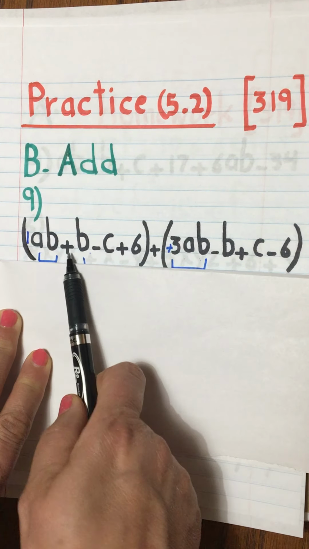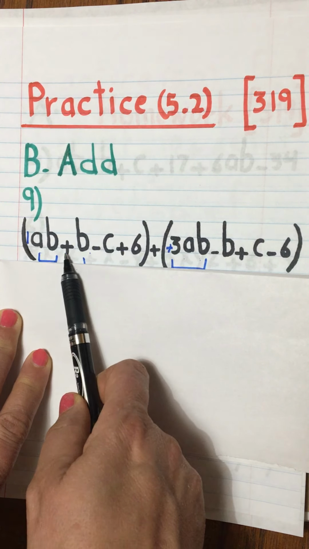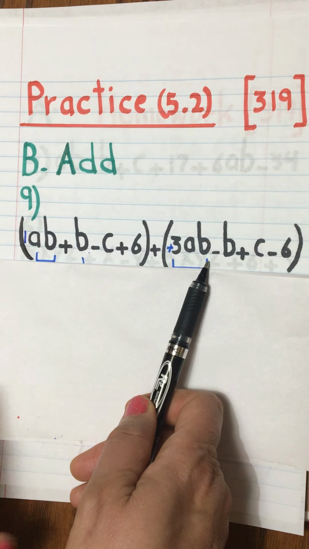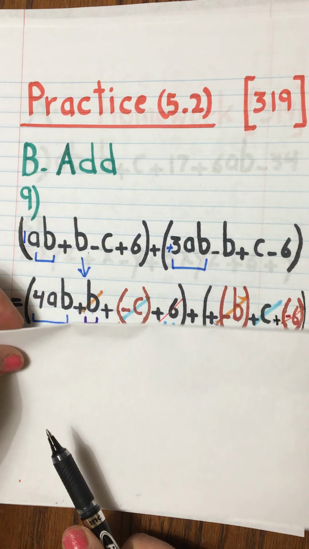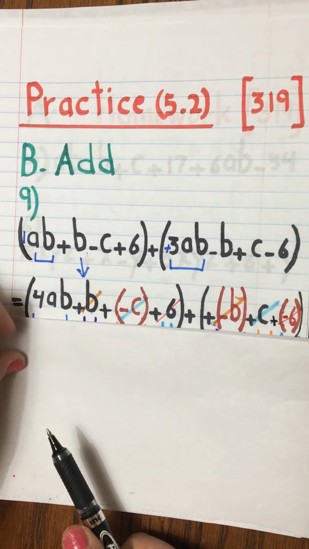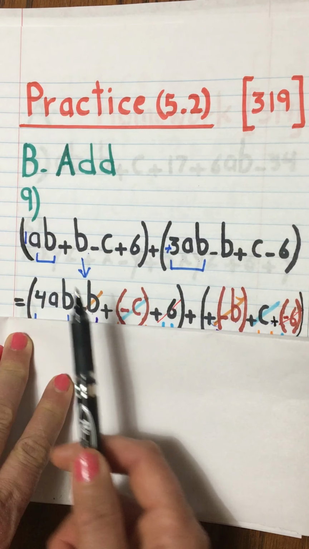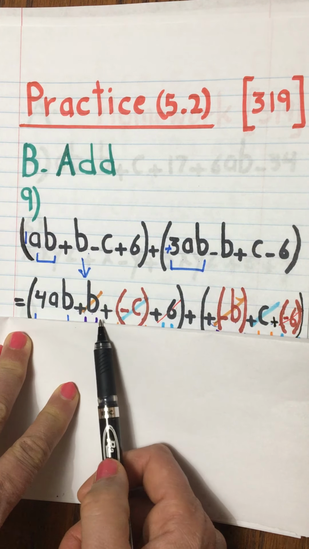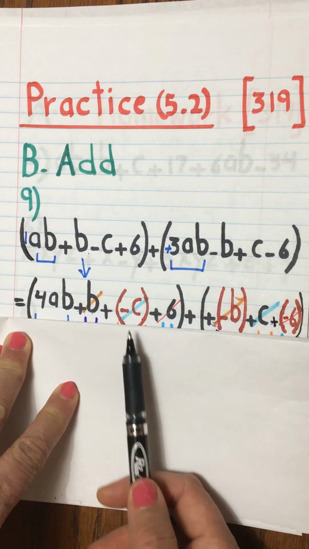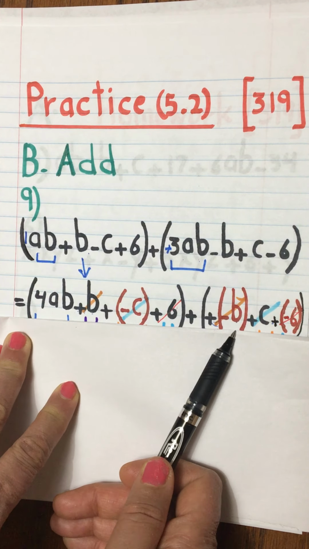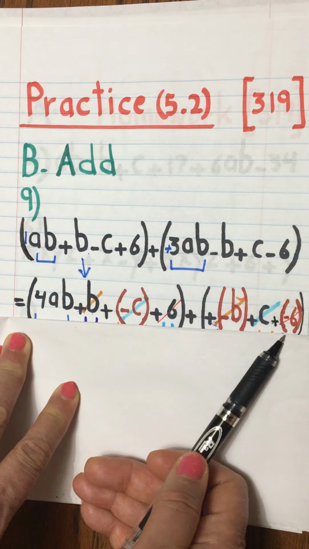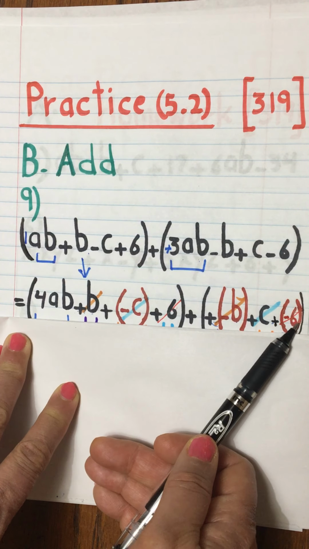These are like terms, but they have different signs. So I'm going to subtract them. Or I'm going to change the negative sign to a positive and change positive C to negative C. And this negative sign changes to positive and negative B. And change this negative to a positive and 6 to negative 6.